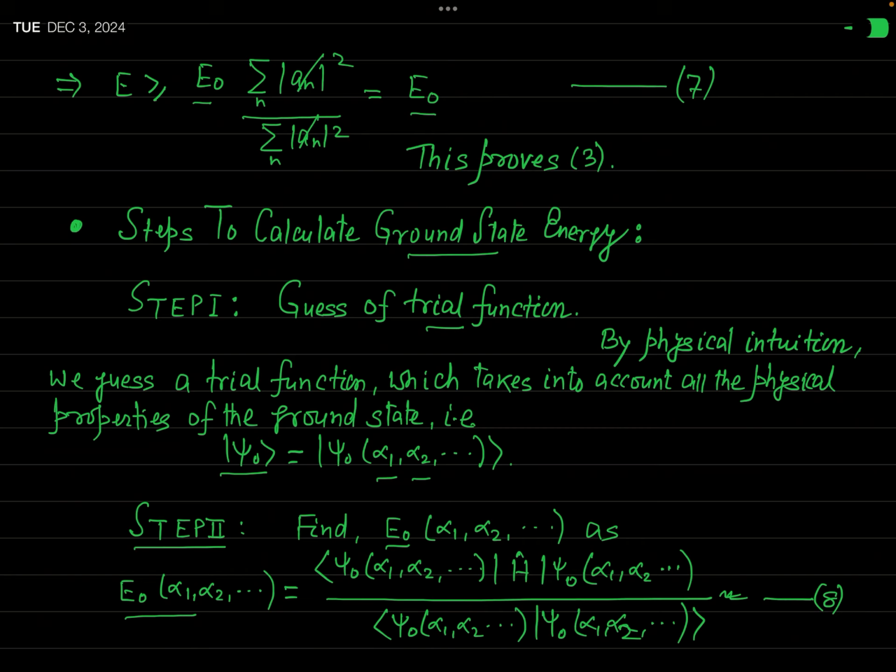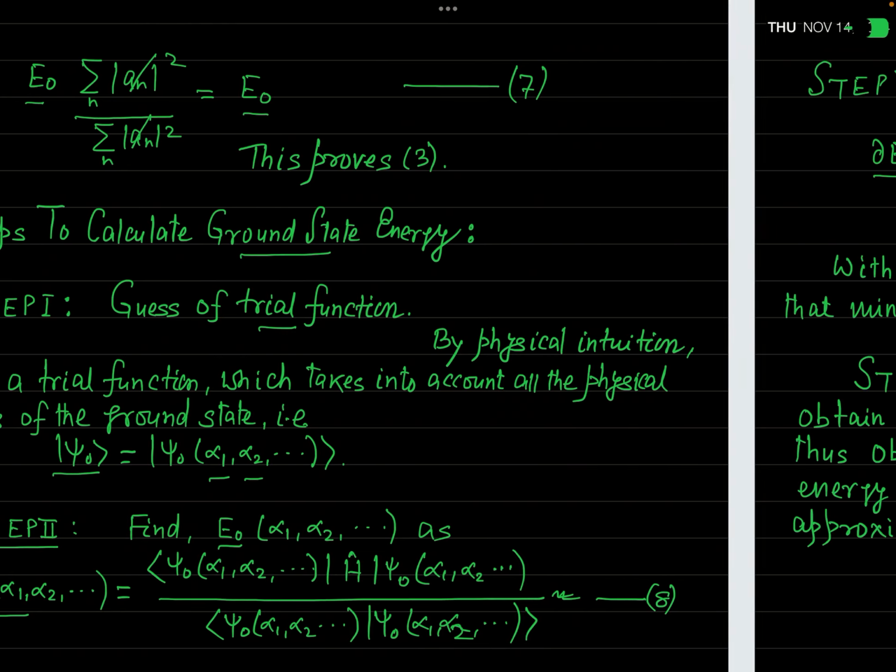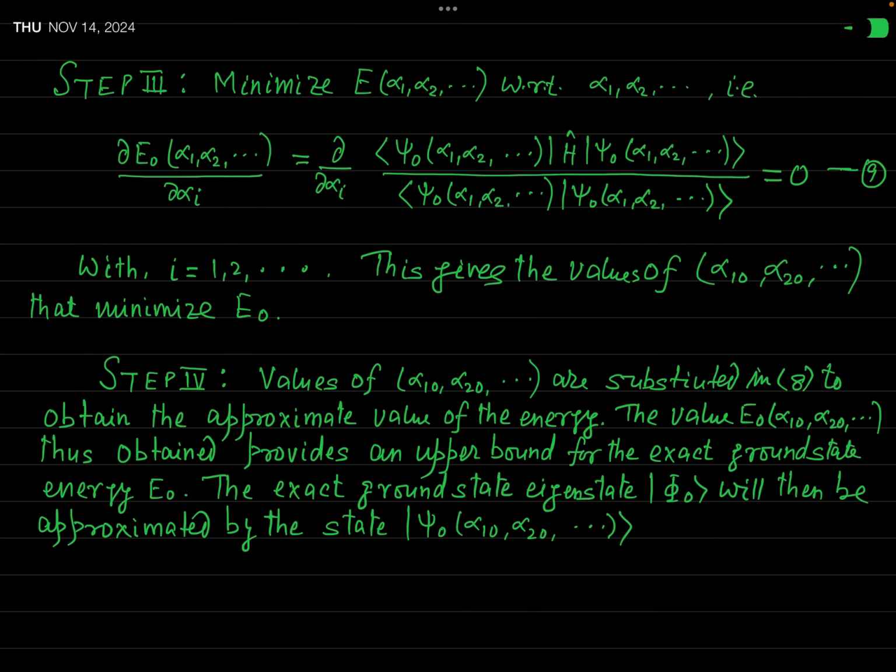Now in the third step, using the equation which you have mentioned here, you have to search for the minimum value of this function E naught of alpha 1, alpha 2 and so on. For this we have to minimize E of alpha 1, alpha 2 with respect to alpha 1, alpha 2 and so on.